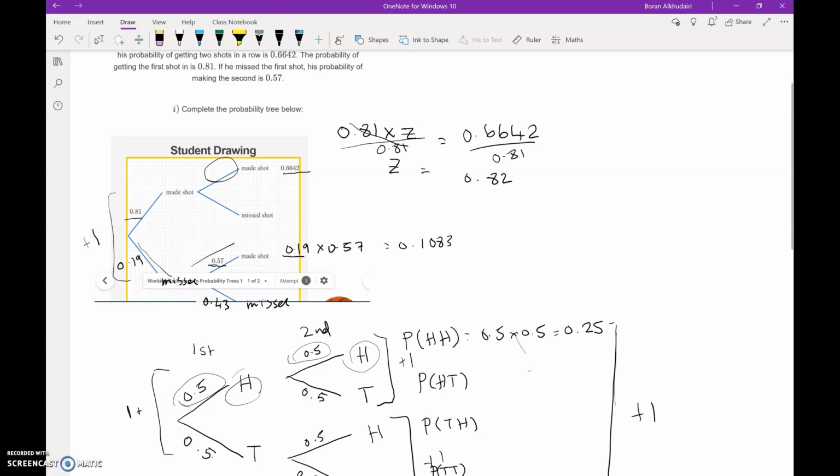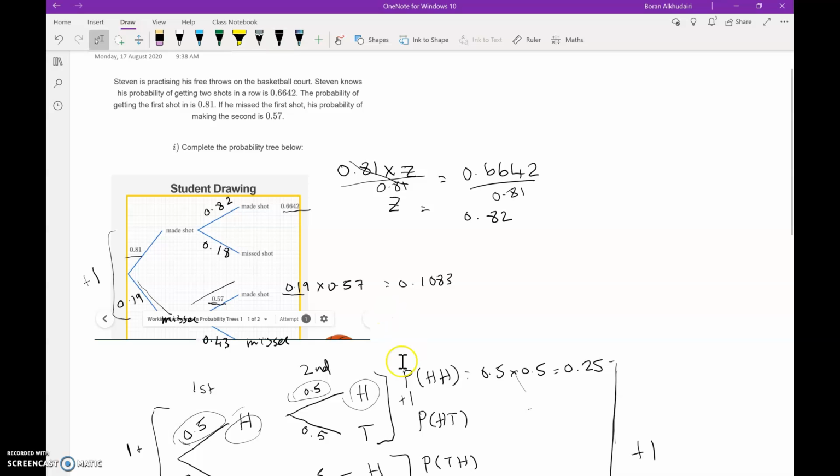Alright, so now we know that this is 0.82, and we can figure out the other one, which is 0.18, because they have to add up to 1. And then you can multiply out each one to figure out the end probabilities.